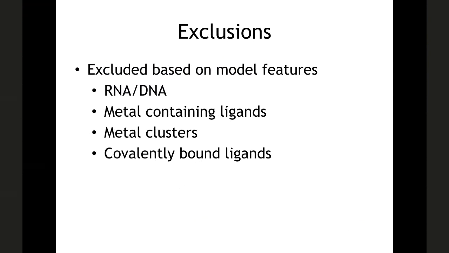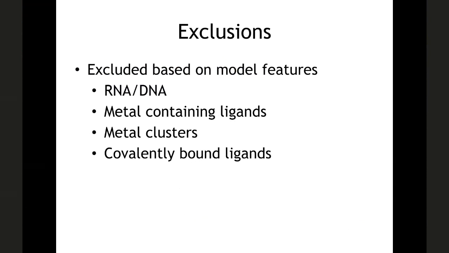We did not have any models with RNA or DNA, and did not have any models containing ligands with metals or metal clusters. This is based on the limitations of AmberPrep, which I'll talk about later, and the covalently bound ligands.